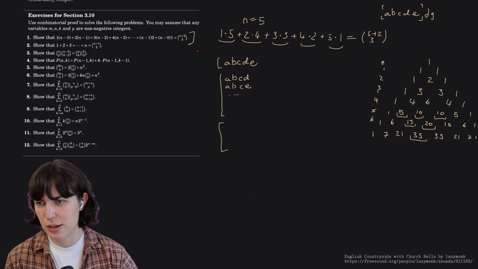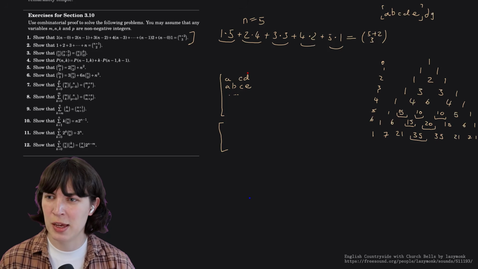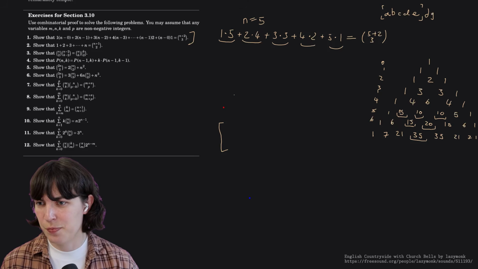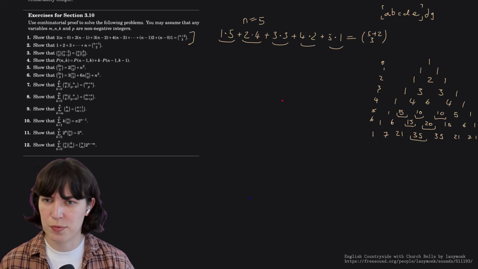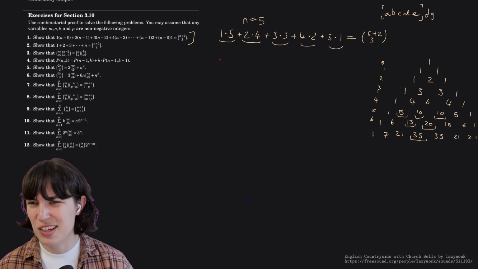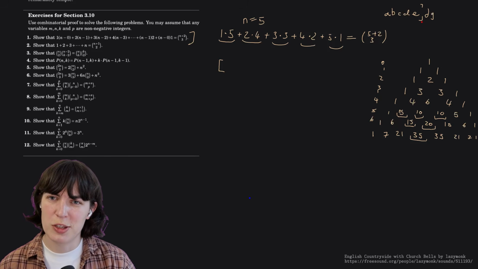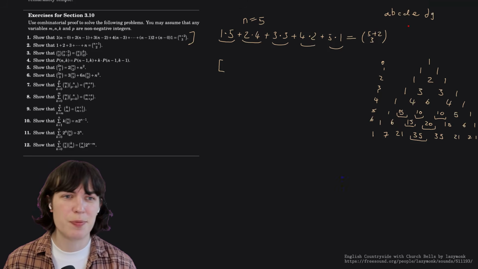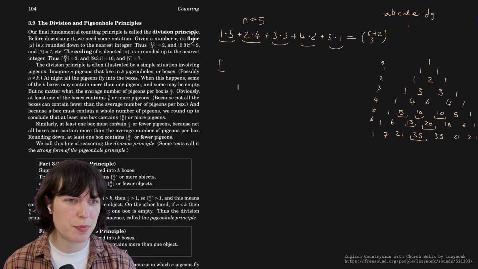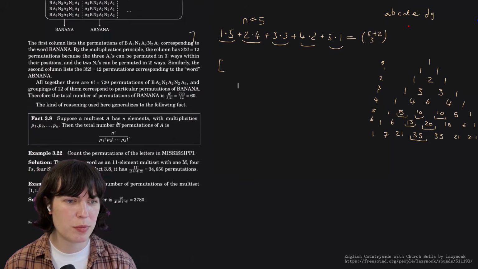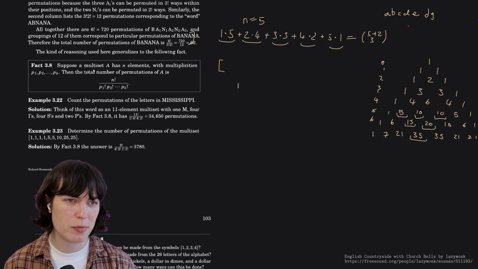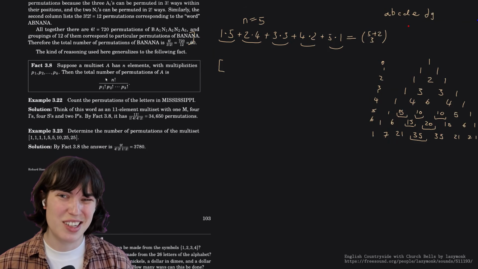No, I got almost nothing. I don't think that's going anywhere. Multisets. What would this be in multisets terms? Permutations, not really.